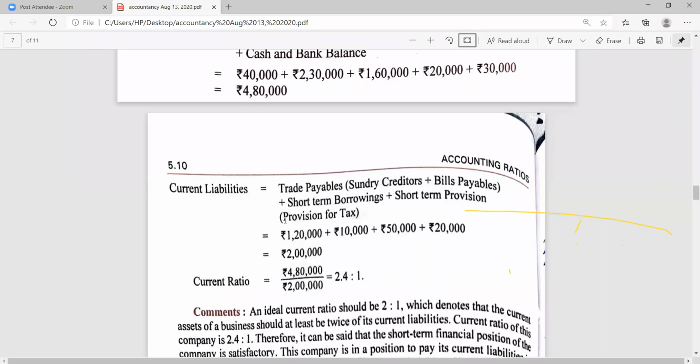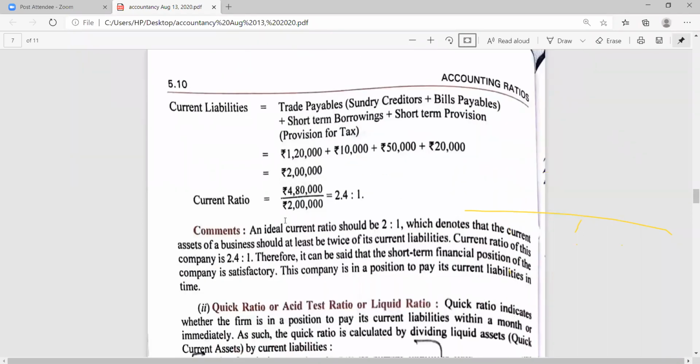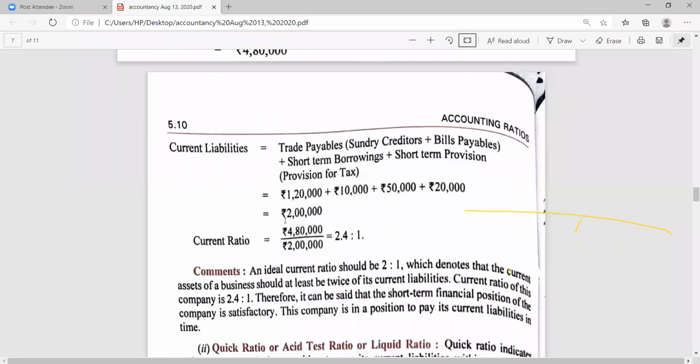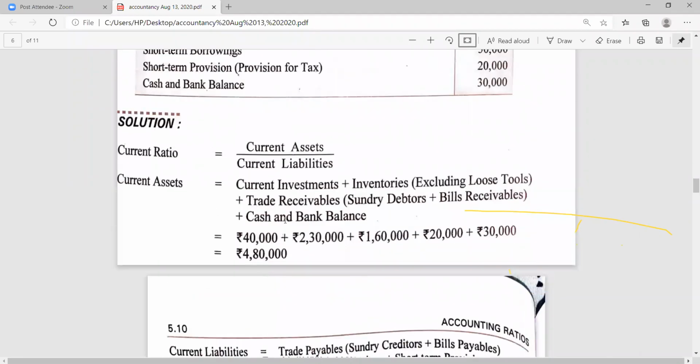So if the company has a current ratio of 2.4, and you are asked to comment, you have to mention that the short-term financial position of the company is satisfactory, as the company has a current ratio more than its ideal ratio. Okay, I hope I'm clear to everybody about the current ratio.